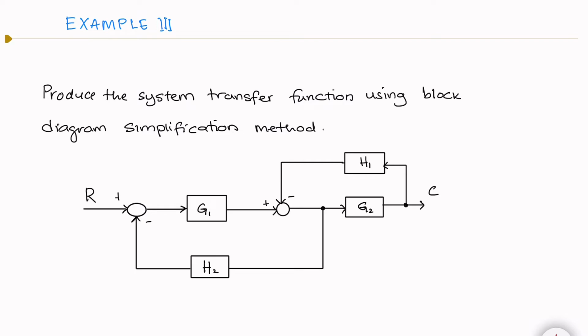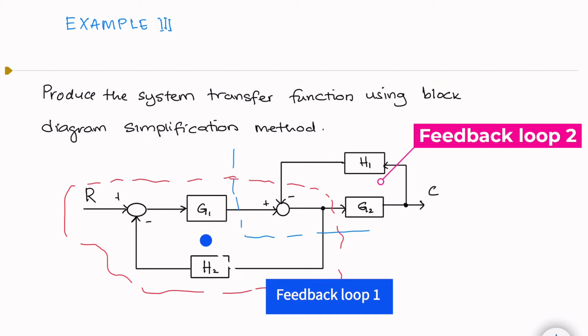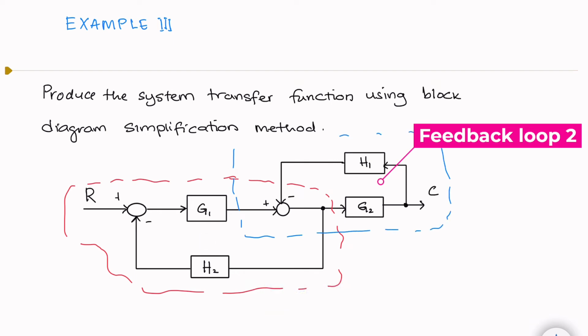First step is to analyze the block diagram. Looking at this block diagram, we can see that there are two feedback loops. This is the first feedback loop, and this one is the second feedback loop.